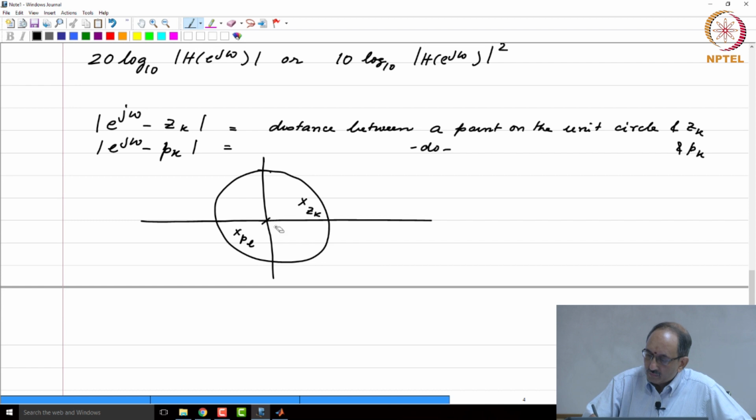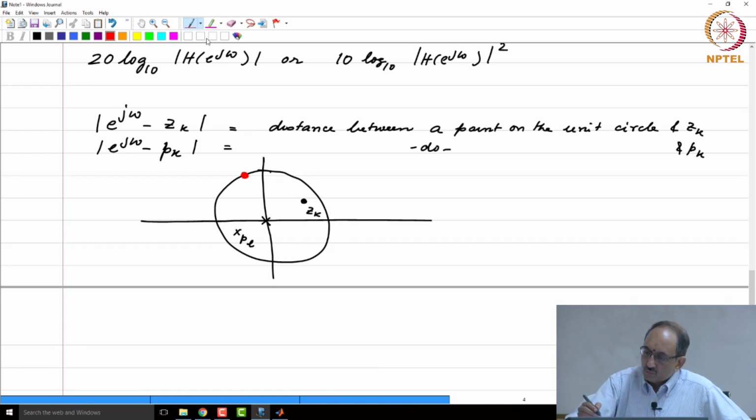Here zk should be marked with a filled circle because that is a 0. A cross is the symbol used for the pole, and right now I have shown a trivial pole, this could as well have been a trivial 0. Now here is a point on the unit circle.